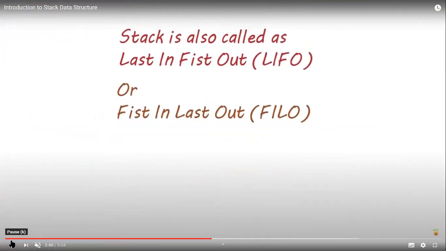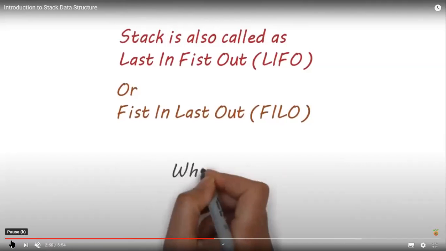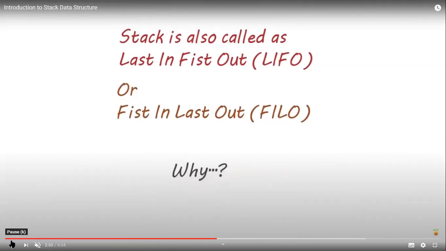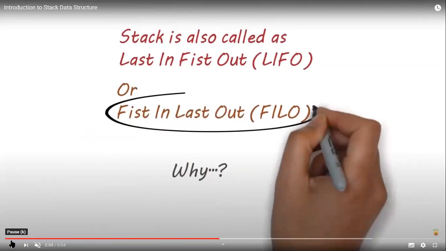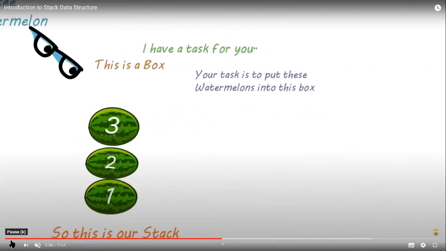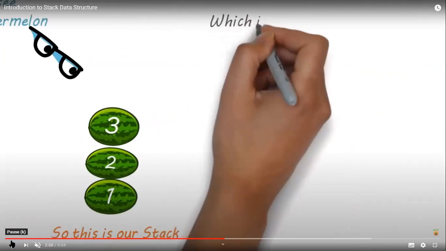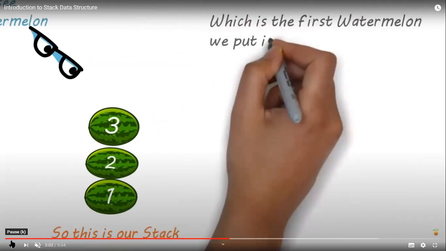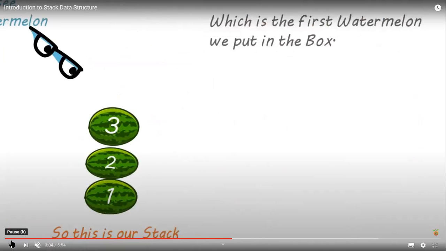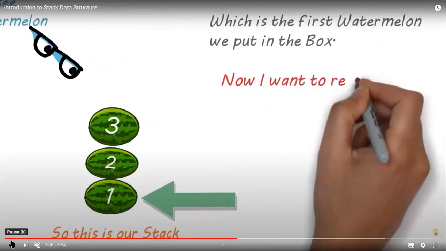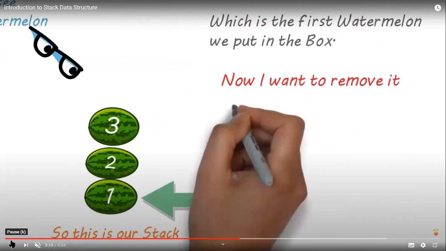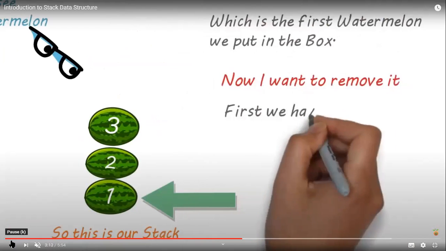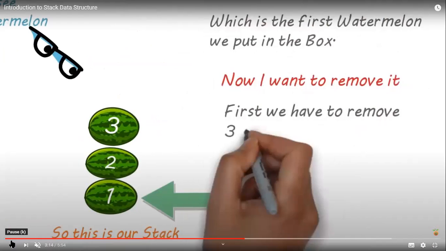Stack is also called as last in first out or first in last out. So let us see why it is called as last in first out. You can see in this diagram the first watermelon we put in the box was number 1. Now I want to remove the watermelon that has been numbered as 1.